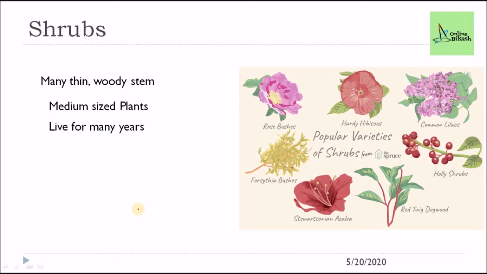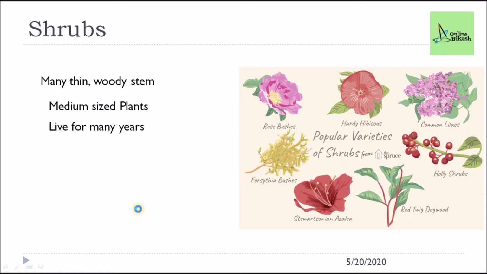So they are medium sized plants, categorized as shrubs. These are the examples: rose bushes, hardy hibiscus, and one more, java flower, you have heard about it. So java flower is also a type of shrub.